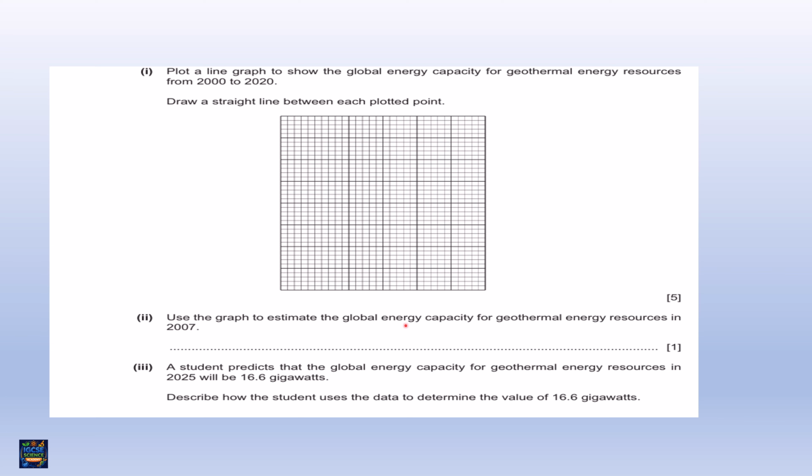You need to put the values in the graph and find out the capacity in 2007, and describe how the student uses the data to determine the value of 16.6 gigawatts. This carries only 1 mark.